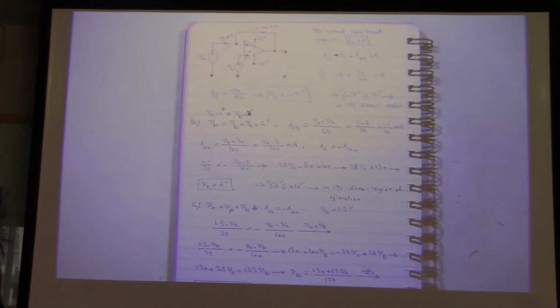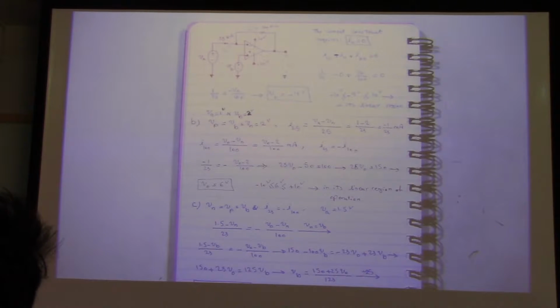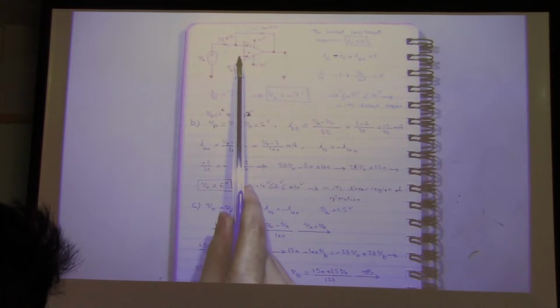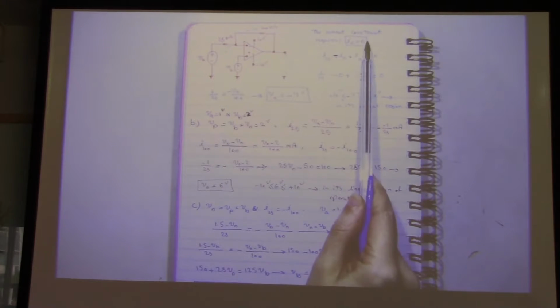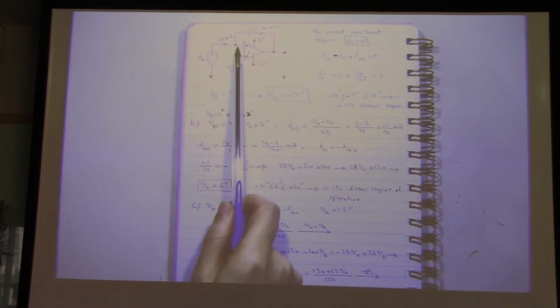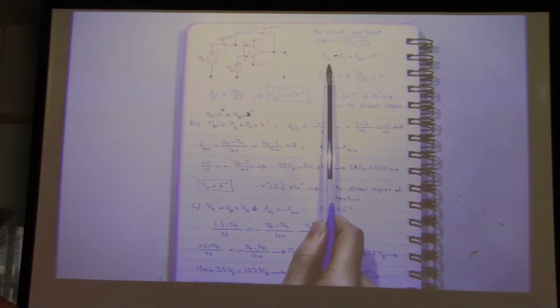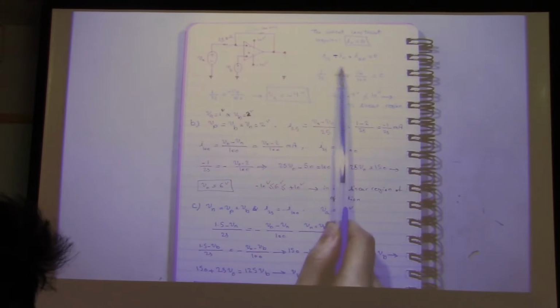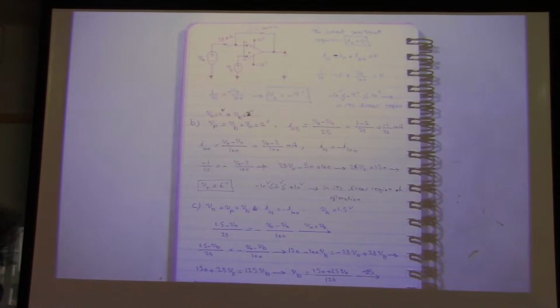So this is our circuit. For an ideal op-amp, we said IP is equal to IN equal to 0. So this is IN, this is IP equal to 0. For this node, we have I-25 entering, I-100 entering, and IN, which is leaving. So I-25 plus I-100 minus IN is equal to 0.